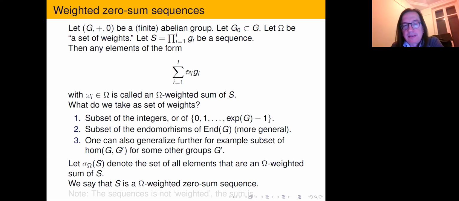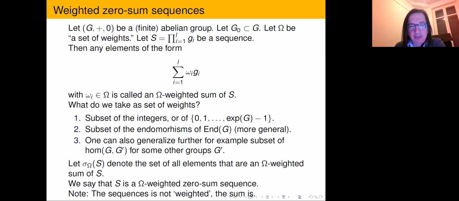And then one says that S is an omega weighted zero-sum sequence if, what one says, it is an omega weighted zero-sum sequence if 0 is an omega weighted sum. So this is a set, and then 0 has to be an element here. So excuse me for this.